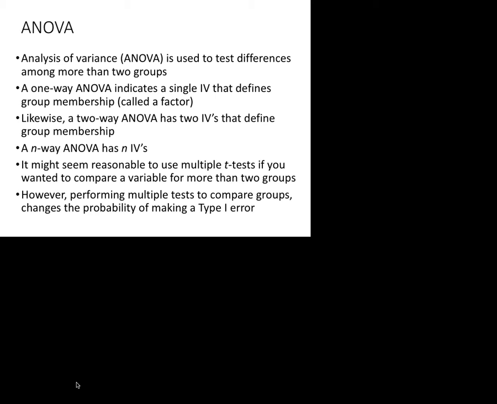And in some cases, either one of them would be fine. But if you do a two-way ANOVA, you'll get exactly the same results if you replicate that ANOVA with multiple regression. It would take a little bit of work to do that, but you would be able to do that.